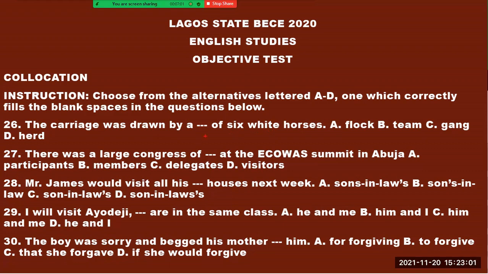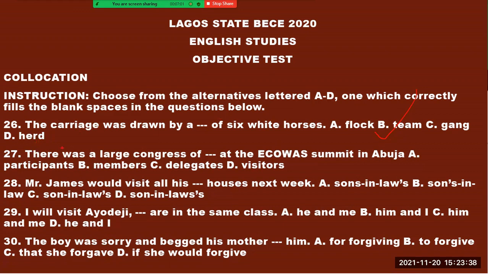And so the group of horses drawing or pulling a carriage are known as a team, not as a herd. A herd of horses may refer to just horses that are together, a large herd of horses. That's a different thing, but these horses are the ones pulling a carriage, and the appropriate name is a team. So that's actually correct.